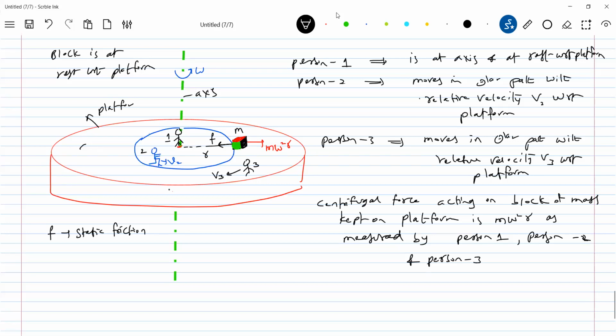It's just defined with respect to the axis. Because I brought the idea of a person, I should clarify this. Even if a person is not on the axis, centrifugal force will act irrespective of where you are on the platform and what your state is. Centrifugal force just depends on m omega square r. It doesn't depend upon the person or the block.